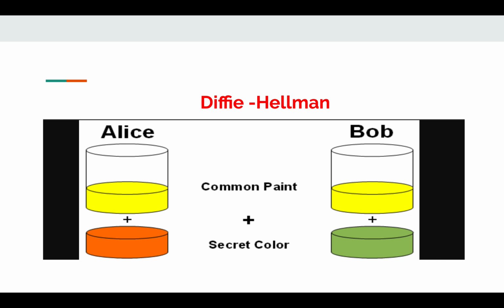Let's say Alice has orange and Bob has green. The yellow illustrates the public key which Alice and Bob both have, and the orange and green illustrate the private keys. They don't even know each other's private key.